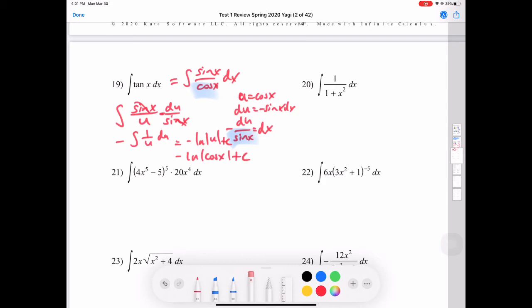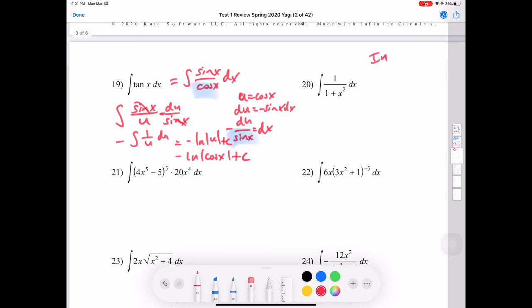Okay, number 20, we worked on this the other day. Please be aware that if I try u substitution, that's going to be 2x. We can't separate fractions because of that plus sign, and u substitution isn't going to help. So this is actually our inverse something.